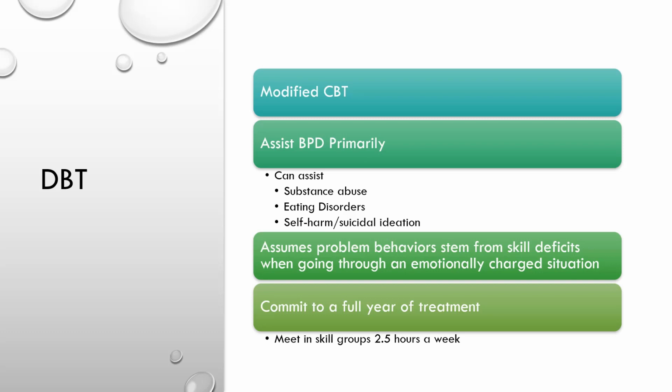This assumes problem behaviors stem from skill deficits when going through an emotionally charged situation. Most of the time, these are done in group settings. And so it's committing to a full year of treatment and groups at least 2.5 hours a week.